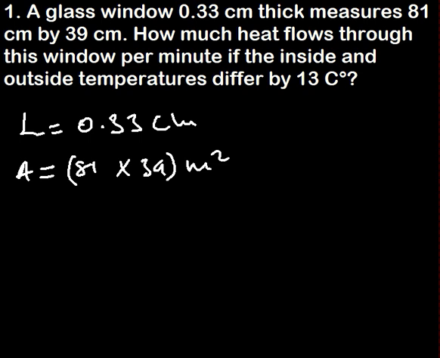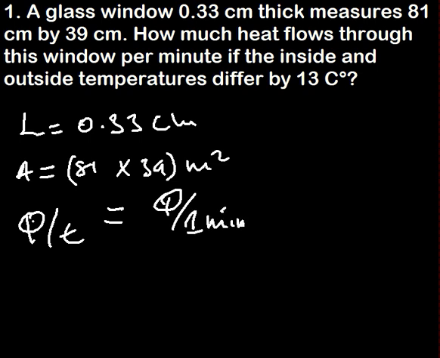Now we have to calculate the heat flow through this window per minute. So we need the heat flow per given time, which is the same as the heat flow per 1 minute. All we need is the value of the heat.